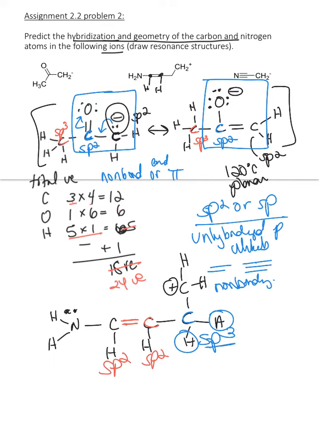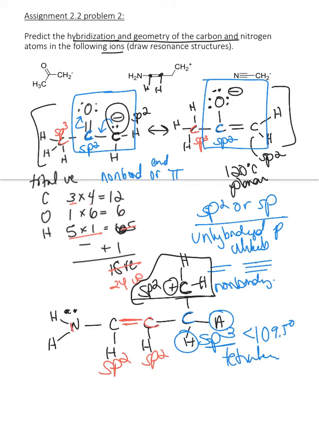Okay, so that's sp3, has less than 109.5 degrees, and it's tetrahedral. Okay, so these electrons in this pi bond cannot migrate to this carbon here. This carbon is an sp2. So that vacant orbital has an unhybridized p orbital, that's sp2.